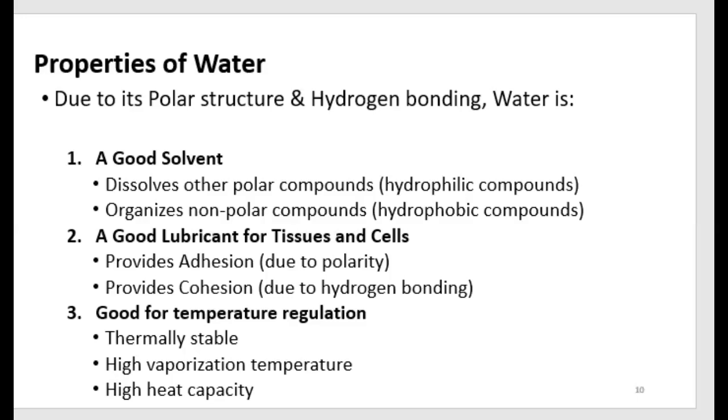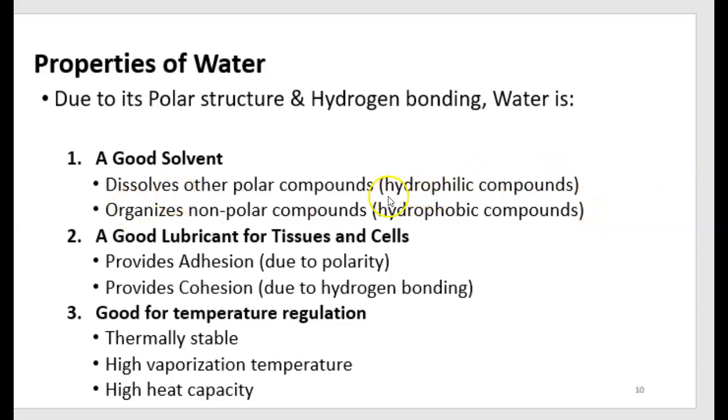Another property of water that's good in our body is that it acts as a good lubricant for tissues and cells. And lastly, it's good for temperature regulation. In the next few slides, I'm going to explain how these properties of water work and define some of the terms that you see on this slide.